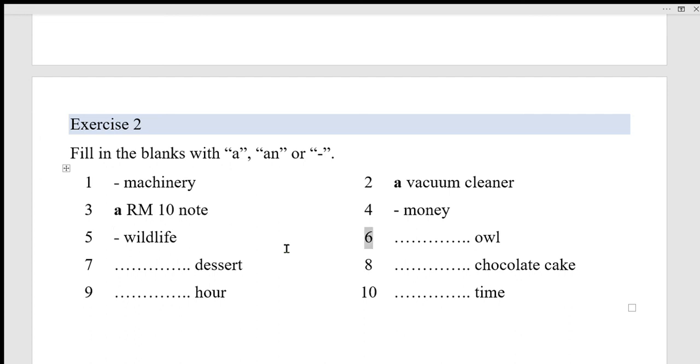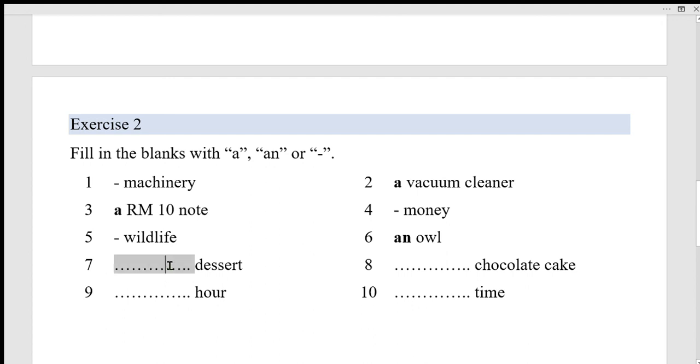But for number 6, we should say an owl, because owl is an example of wildlife, adalah satu contoh daripada wildlife. Okay, next. Hold on, yeah.